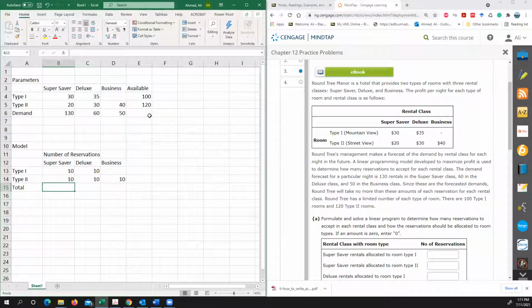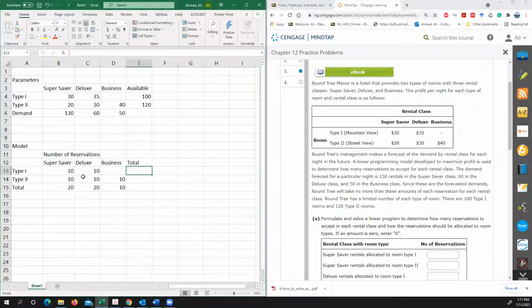Now, our goal is, again, the total reservations would be the sum of these two, and these two, and these two. All right. And then we can also make a total by type. Total.